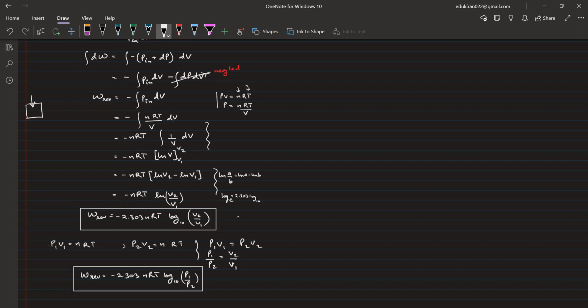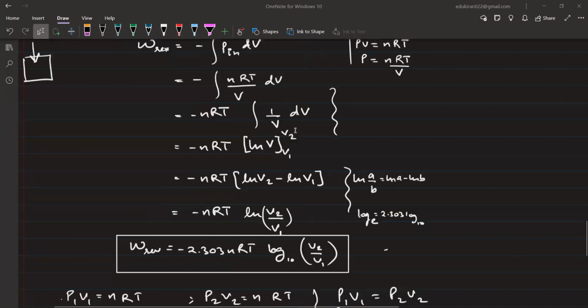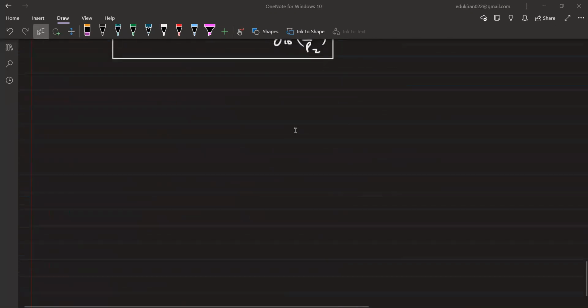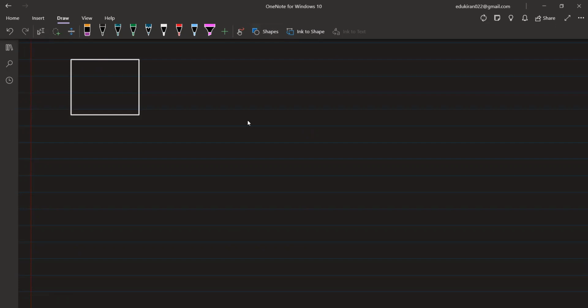Yes, sir. Okay. Now, related to this, there is a process known as isothermal expansion. Please see. Let's take two cases. In one case, we have a completely closed box like this, and here we have gas particles.